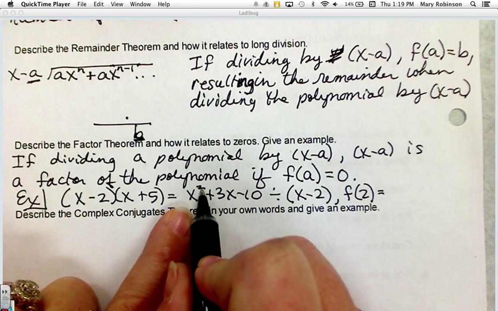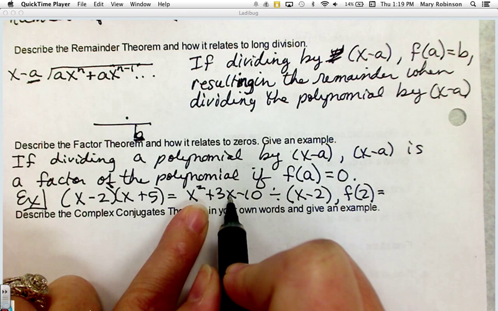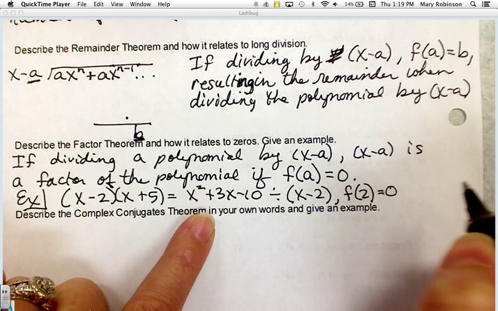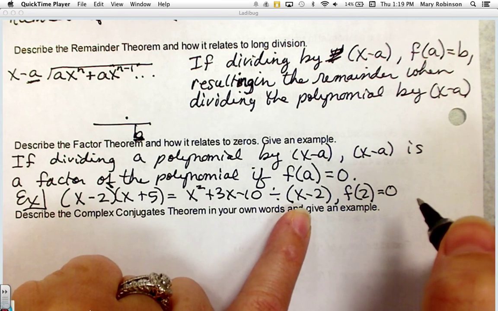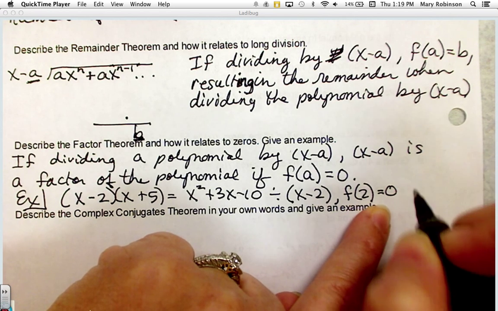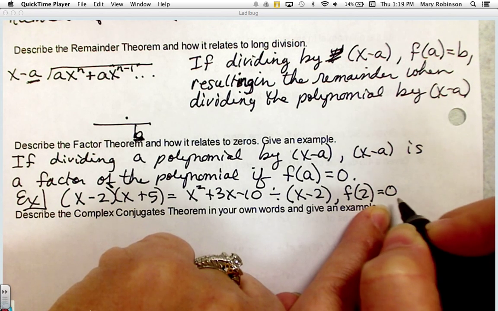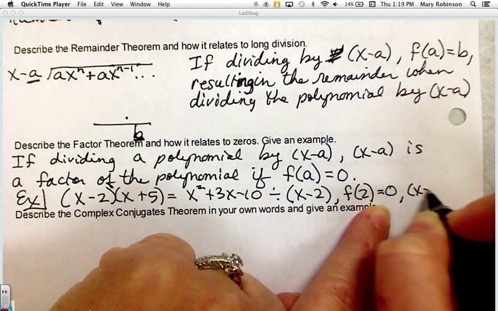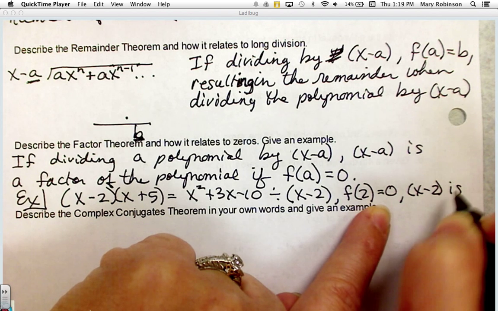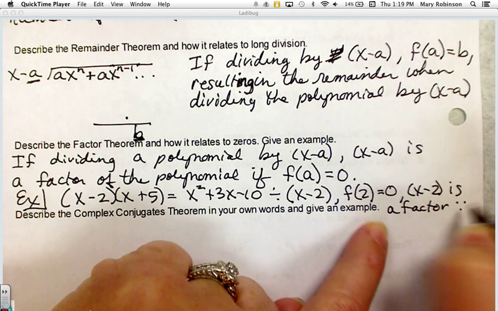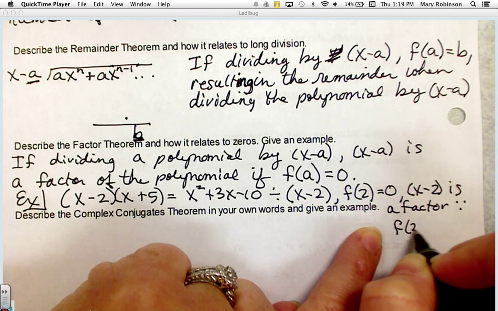So 2 squared is 4, plus 3 times 2 is 6, 4 plus 6 is 10, 10 minus 10 would equal 0. So if we divide by x minus 2 and evaluate f of 2 and we get a value of 0, that would be our remainder, then that means x minus 2 is a factor. X minus 2 is a factor because f of 2 equals 0.